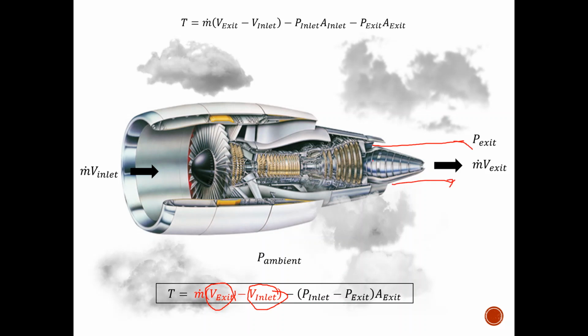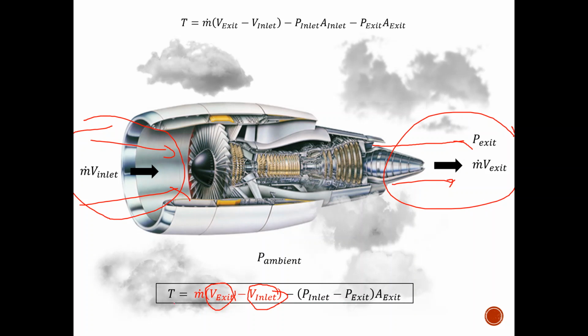But guess what? Say you're pushing the air at supersonic speeds, and the airplane is going supersonic. The problem is the velocity entering the engine is also supersonic. So if the momentum coming in matches the momentum going out, your thrust will be zero.